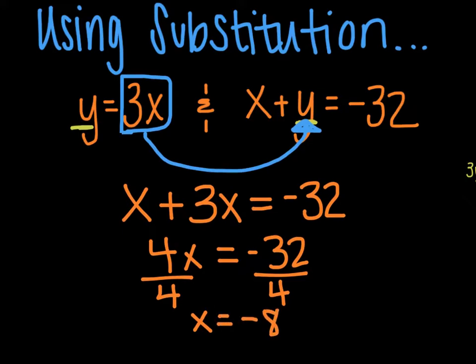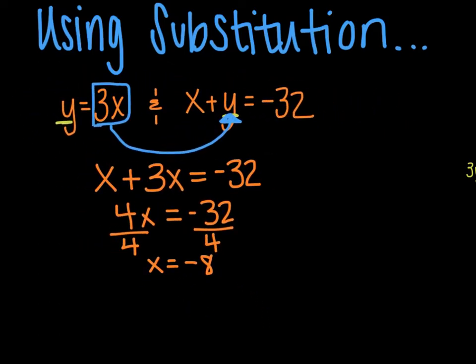Then, next step, after you solve for x, you have to solve for y too. You can't leave that out. And so you go back in, and it doesn't really matter which equation. I typically pick the easier one. So I'm going to pick this one to substitute it in. So y equals 3 times my x, which is negative 8.